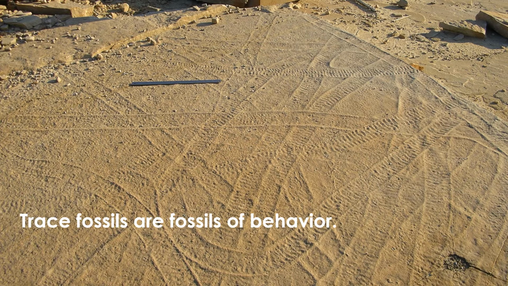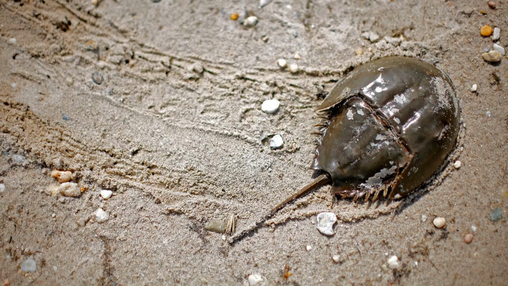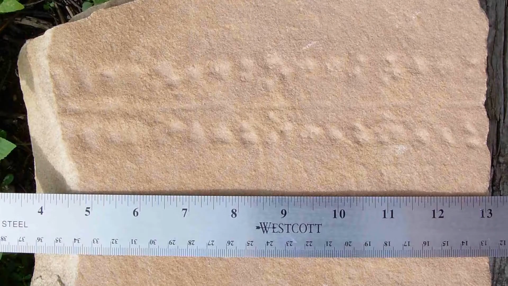Trace fossils are fossils of behavior. Some of the most common trace fossils are burrows, trails, tracks, and footprints left by ancient organisms as they moved over soft sediment. Sometimes these trace fossils of tracks and footprints occur by themselves.